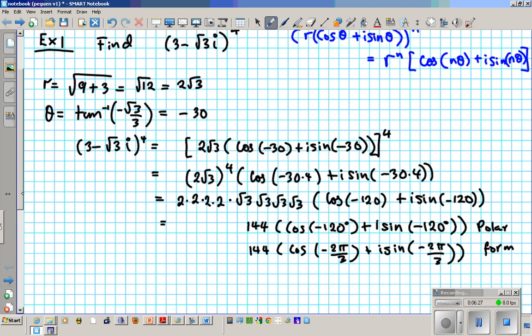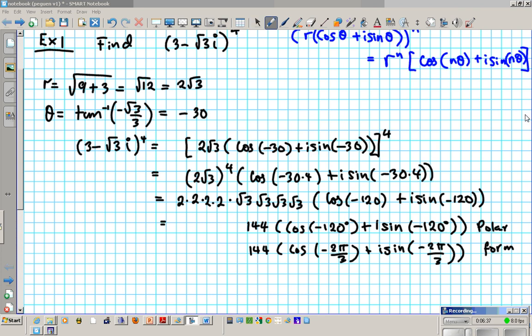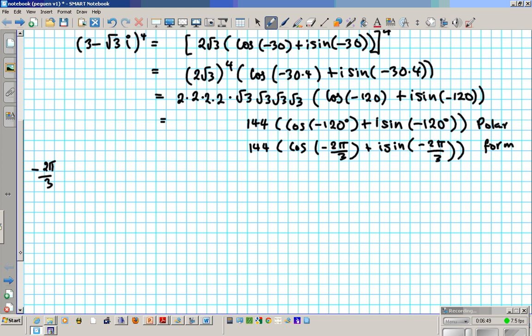All right. What if I wanted to write this in rectangular form? I just need to find negative 2 pi over 3 on the unit circle and find the respective coordinates. Let's look at our unit circle.